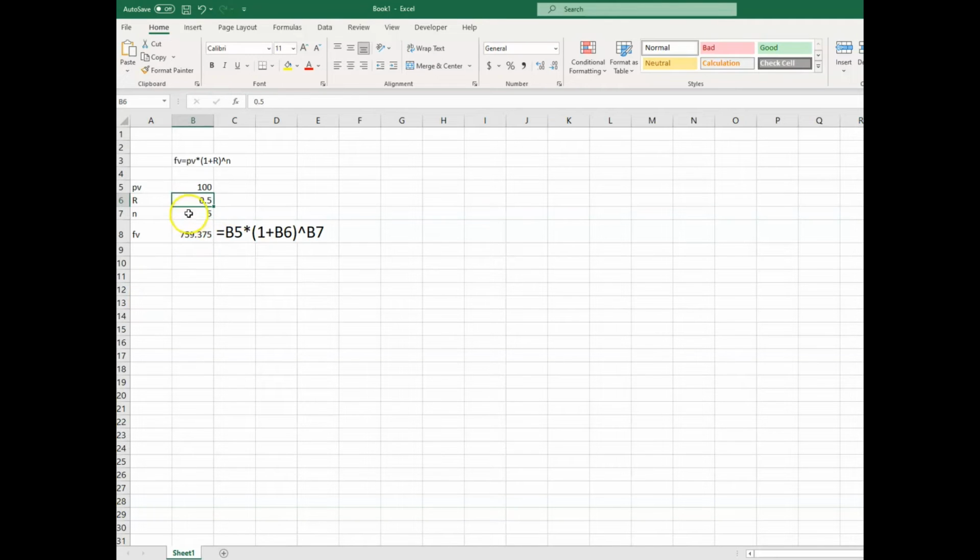If N is 10, this is the future value 10 periods later. So this is a simple way to apply the future value formula for a given present value.